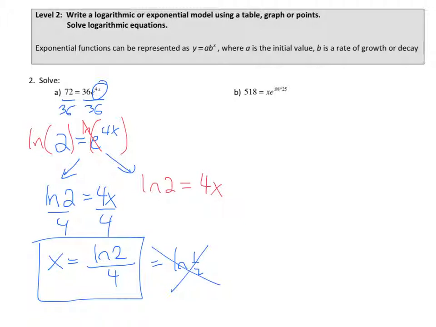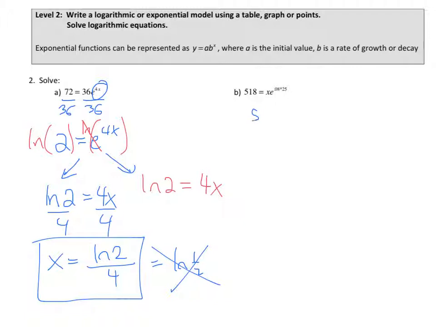In the next example, remember that we're trying to get x by itself, and x is being multiplied by some goofy number, e to the 0.08 times 25, and e to the 0.08 times 25 is just some number, and I can divide both sides by that number. I can simplify it a little bit if I want. 0.08 times 25 is 2.